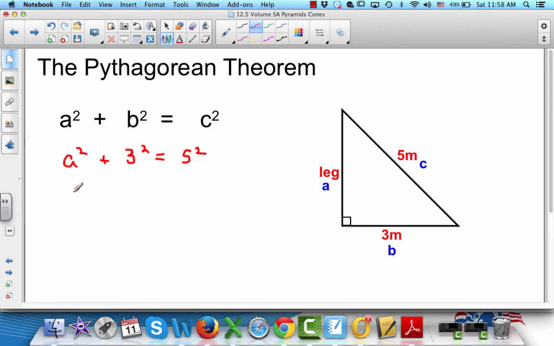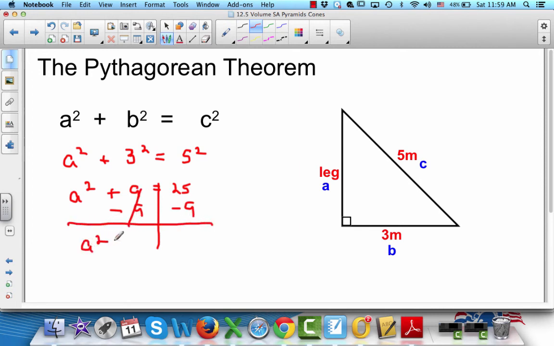All right, so we go a squared plus 9 equals 25. We do minus 9 on both sides of the equals sign. And that gives us a squared equals 16. And to get the a, what number can I multiply by itself and get 16? And the answer is 4. So this would be a 4 right here.